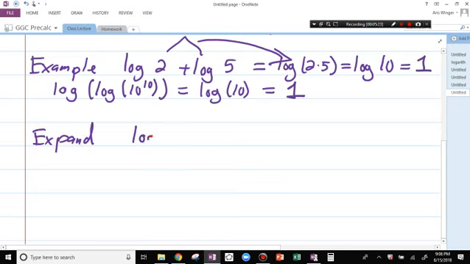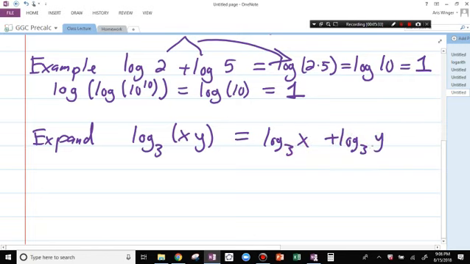Log base 3 of xy is just log base 3 of x plus log base 3 of y. And again, in calculus, it'll be easier to deal with the sum than it is the product, than 1 log. So expanding is sometimes super helpful.